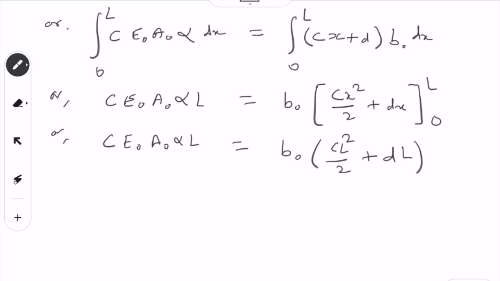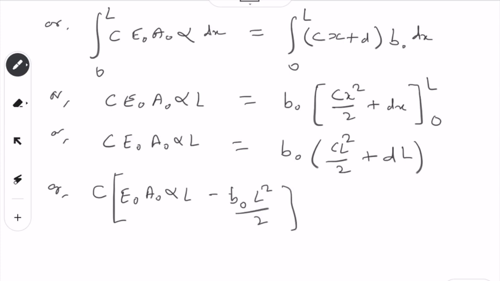We can take everything to one side. We have C times (E naught A naught alpha L minus B naught L squared over 2).